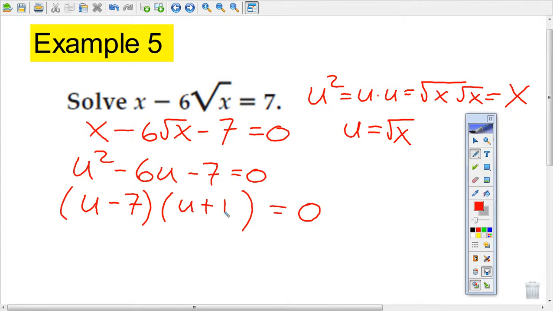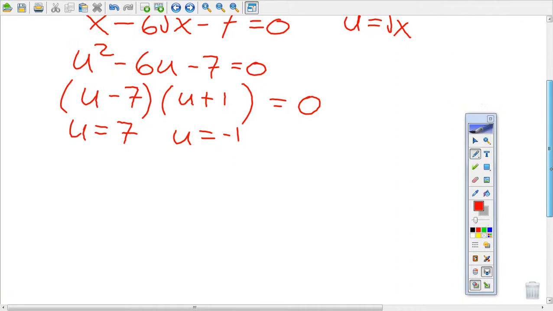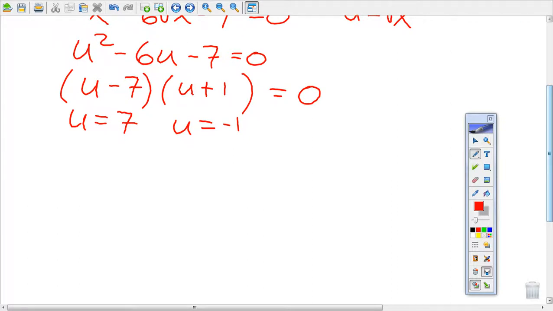It works. So what does that make u equal? Zero product property. Oh, that's what u equals. But we don't care about u. So plug it back in. Square root of x equals 7. Square root of x equals -1.